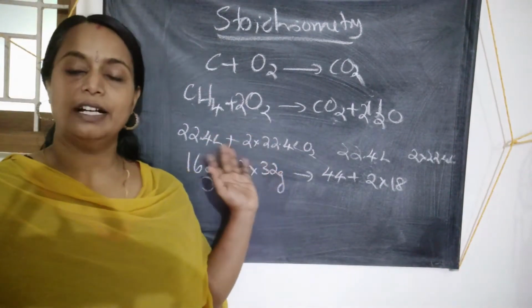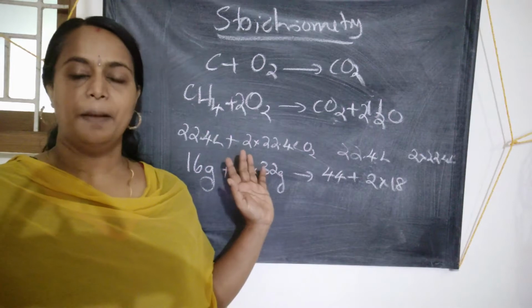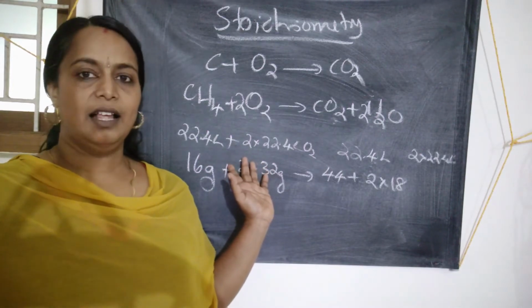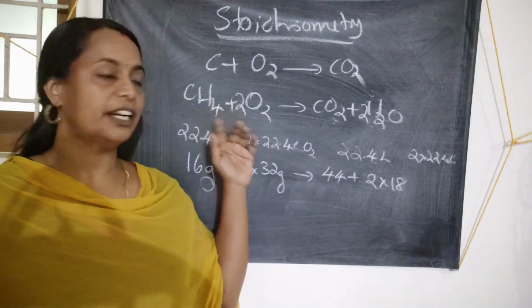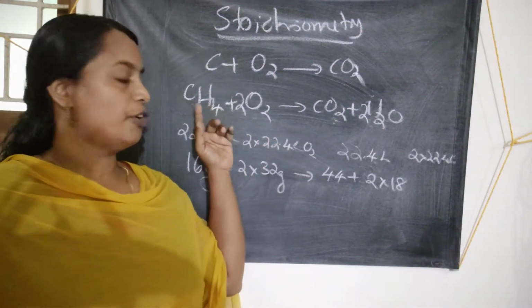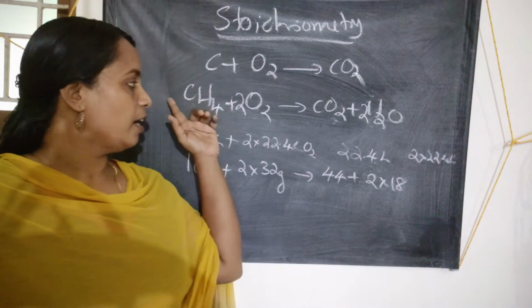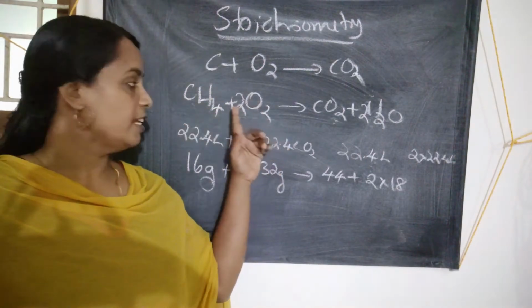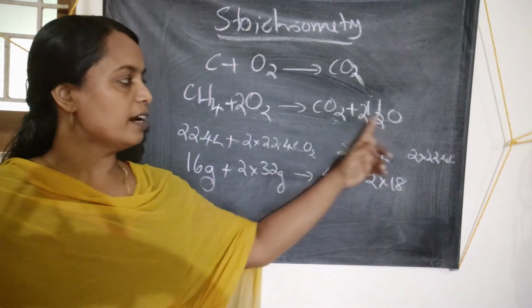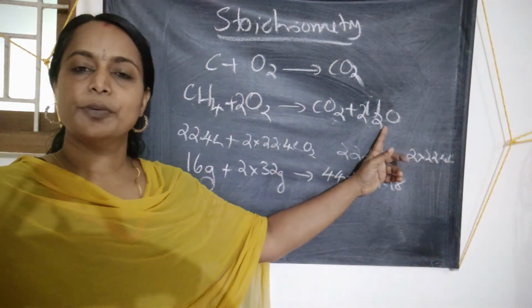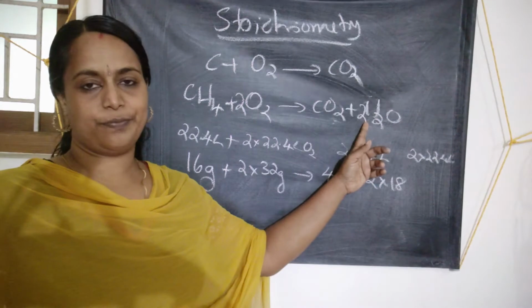From a balanced chemical equation, we can say, if you know the stoichiometric coefficients, here the stoichiometric coefficient of methane is 1, that of oxygen is 2, of carbon dioxide is 1, and of water is 2.